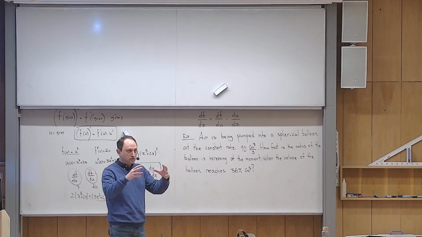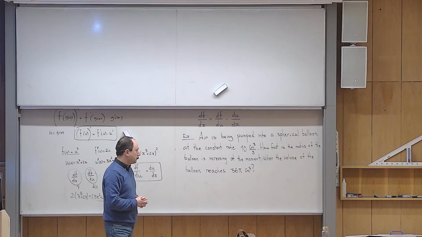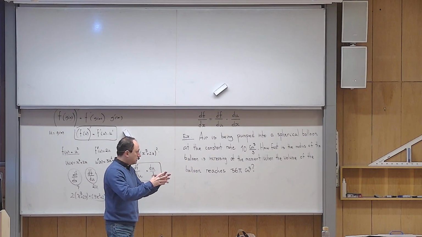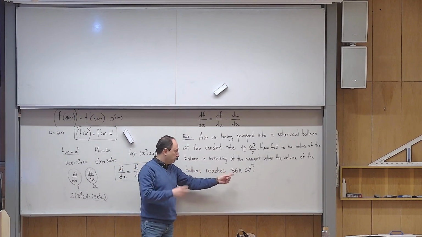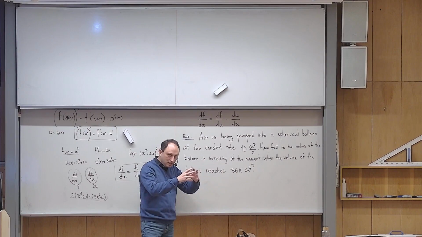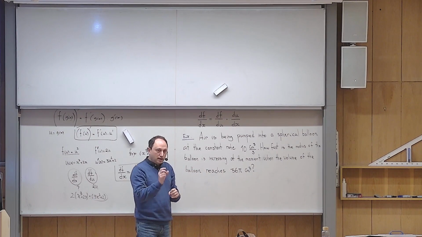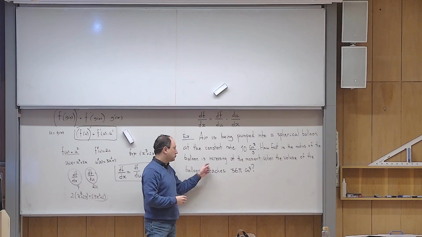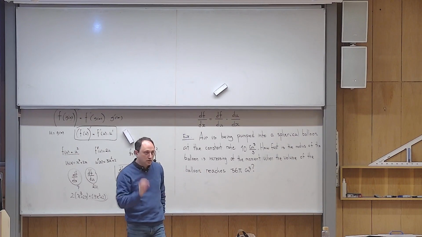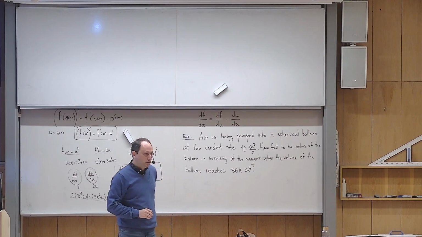So when you are increasing the volume of the balloon, at some point it reaches this value, the volume becomes this, and still we are pumping air into it, so it will keep increasing. We want to see what is the rate at which the radius is increasing at that particular moment. Yes?